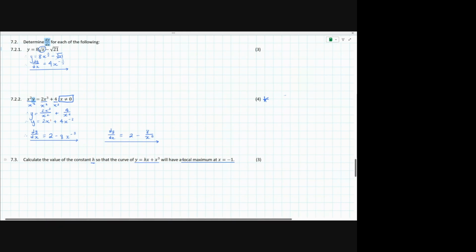So if we just ignore everything else for a second and we just look at this local maximum situation, remember, this is a turning point, okay? So this would be where my derivative is equal to 0. So I can use this information to now go and figure out what's what.